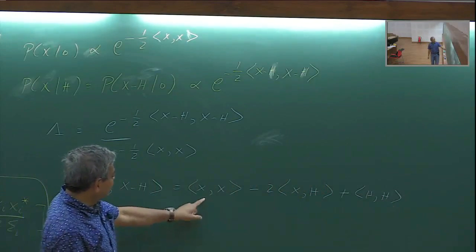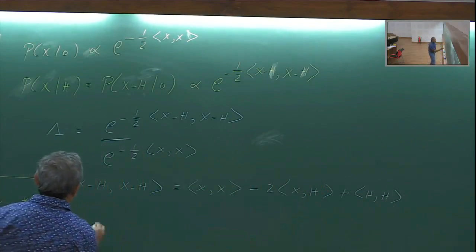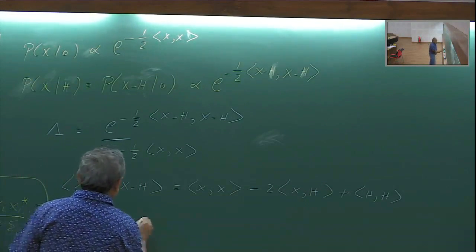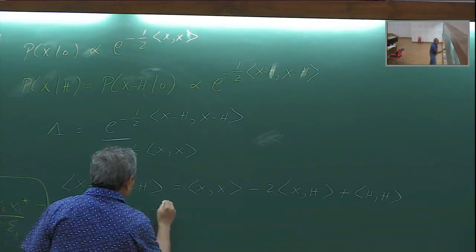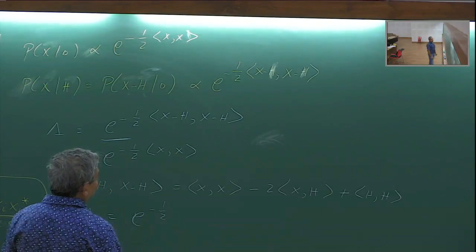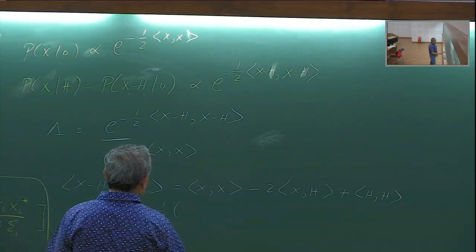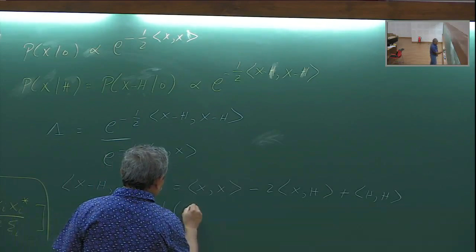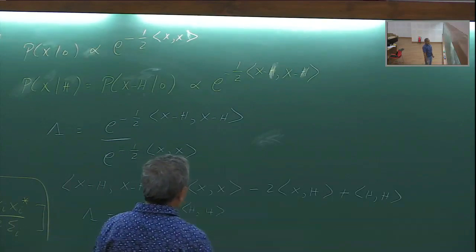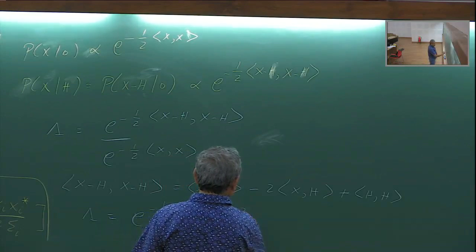So this (x, x) will cancel with this, and the other two terms will remain, giving us the desired answer: lambda equals e to the minus 1/2 of (h, h) minus 2(x, h).